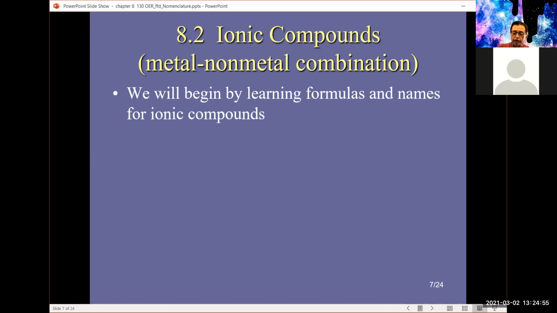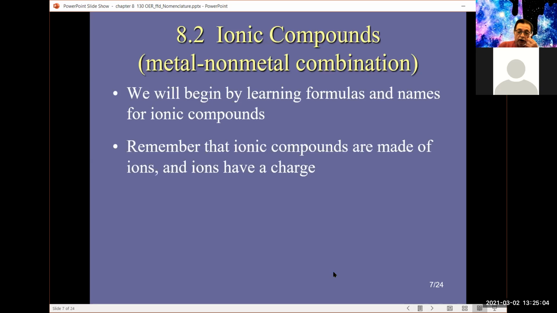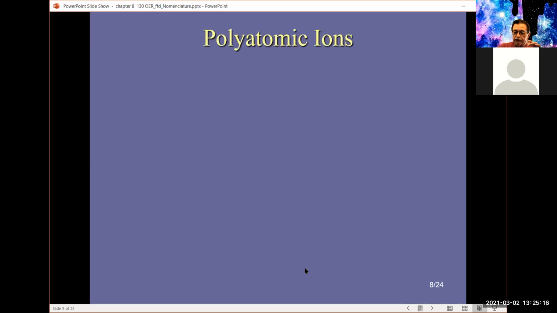So you probably have access to a couple thousand compound names, if not more. And remember that ionic compounds, when we're talking about metal, non-metal, are ions. Now, the sum of the charges must equal 0.